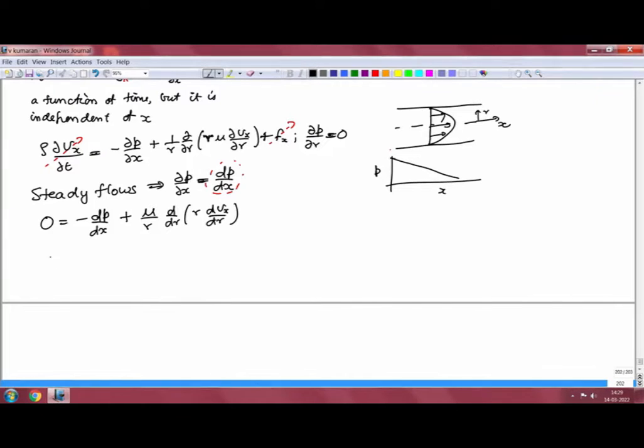So, we can solve this: mu by r d by dr of r tau x r is equal to dp by dx. Let me just solve for the stress first.